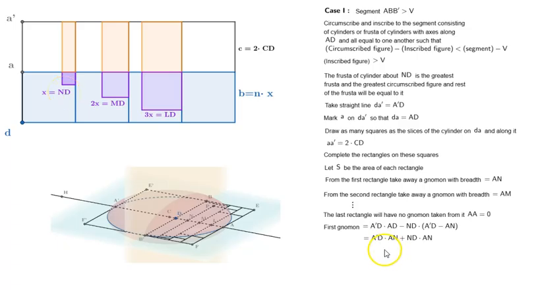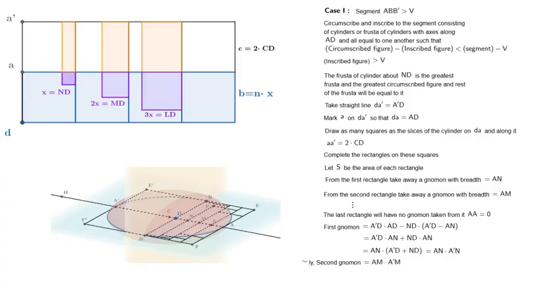Now, what we'll end up with is A prime D times AN plus ND times AN. Now, AN is common to both, so we can take it out. AN times A prime D plus ND, and A prime D plus ND is A prime N. So we end up with AN times A prime N.